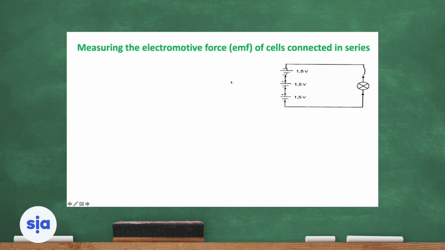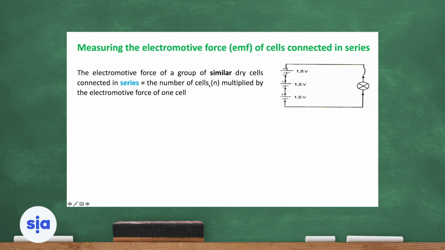What if the dry cells are similar, having similar volts, and connected in series? If we are going to measure the electromotive force, we are going to multiply the number of cells by any voltage.